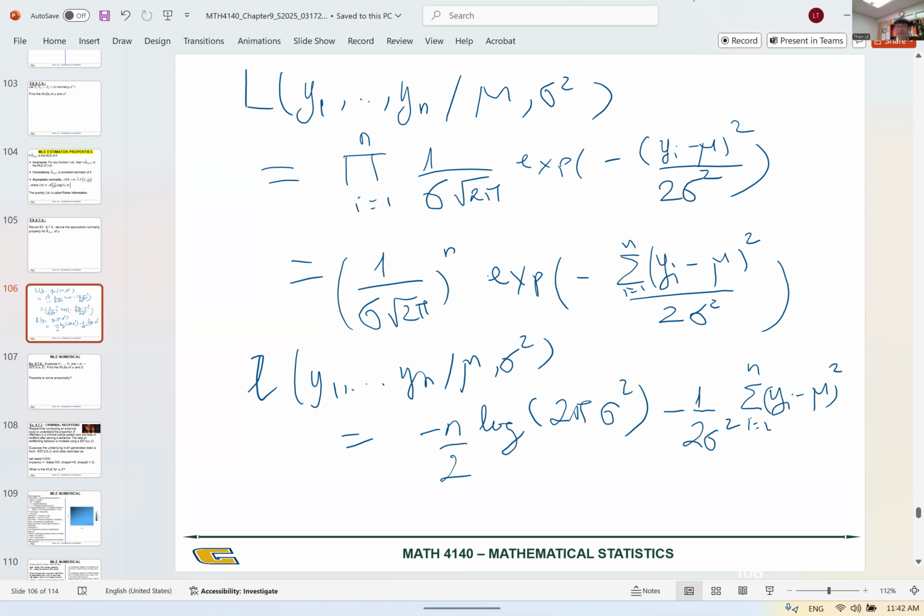So remember this is the log function of L of y1 to yn given mu sigma square.